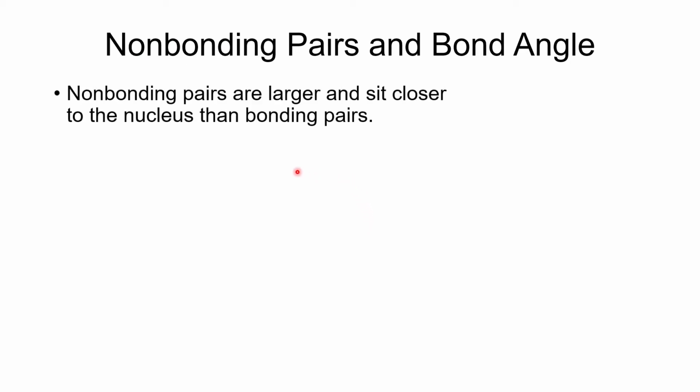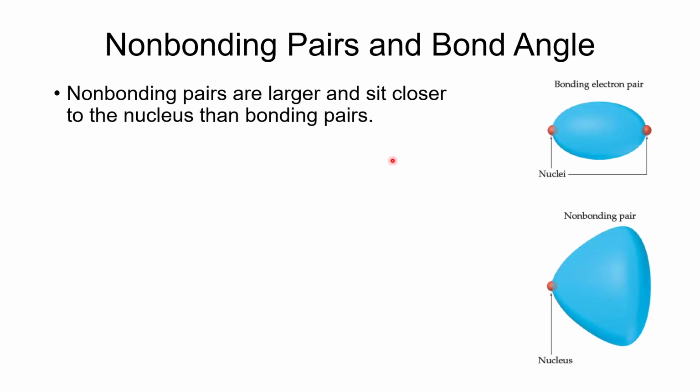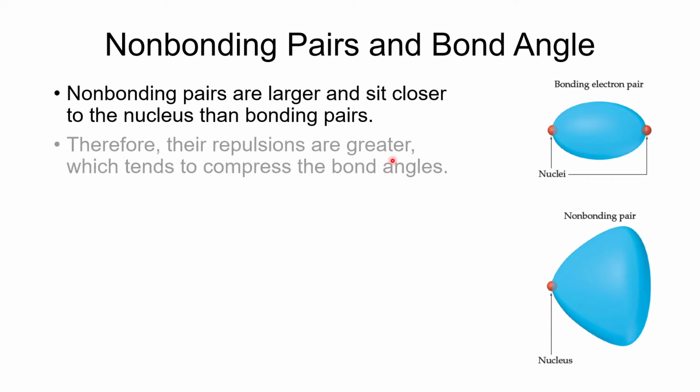So now for non-bonding pairs and bond angle. We're going to find that non-bonding pairs, like the lone pairs that we saw on the ammonia and on water, are larger and they sit closer to the nucleus than the bonding pairs. So they just spread out a little bit more. As a consequence, we'll find that the angles between the actual bonds are compressed a little bit.